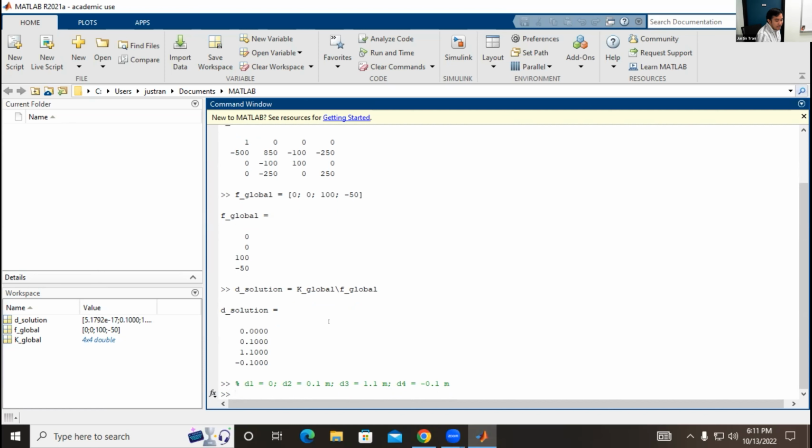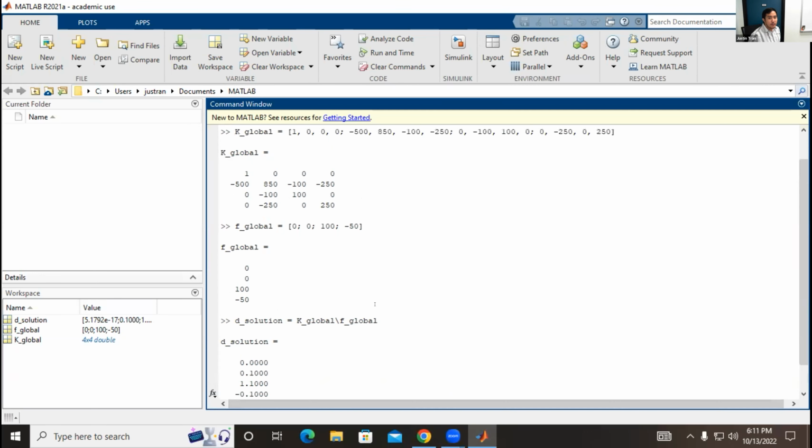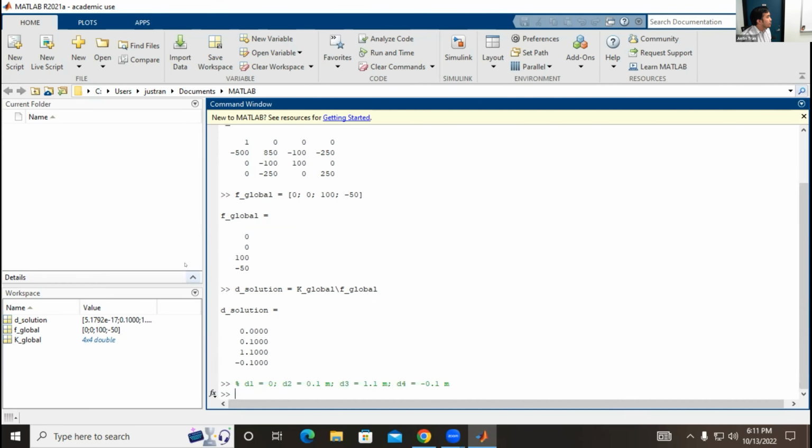That's the easy way to solve linear systems in MATLAB. All you have to do is define the coefficients of the stiffness matrix, define the entries in the forcing vector, use the magic backslash notation, and that gives you the solution to the linear system of equations.